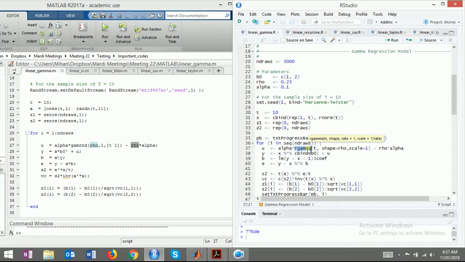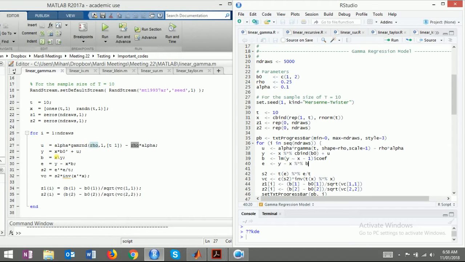So T rows, shape is rho, scale is 1, and rate is 1, scale is 1 by rate, which is 1 by 1 equals 1. So scale is 1. In MATLAB we start with shape, then scale, then m rows n columns. Here it is not necessary to put how many rows and columns you have: T rows, shape, scale, that's all, minus rho alpha. Very simple.